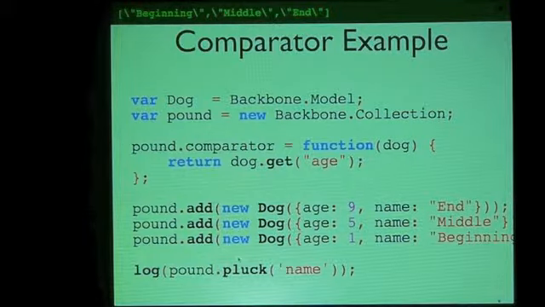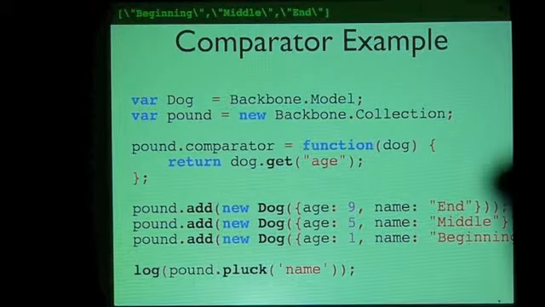So end, middle, beginning, and pluck is a function that pulls out a list of items by that specific attribute. So beginning, middle, end.